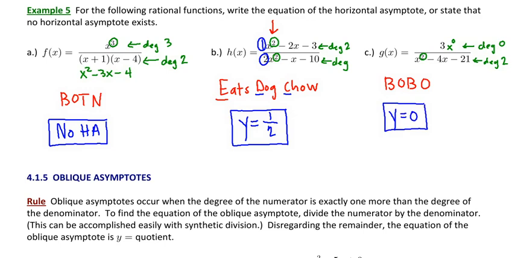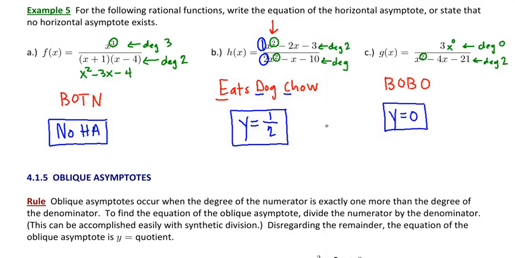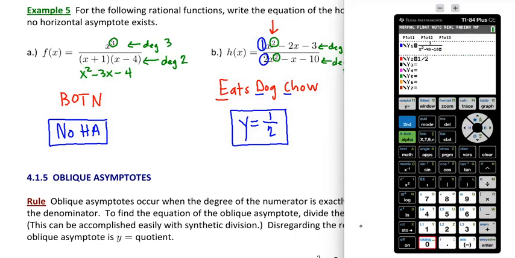So let's take a look at the graph and see how the asymptote fits the curve. So we have y equals, I'm going to type in a new fraction. We had 3 on the top, x squared minus 4x minus 10. Oh, minus 21. Let me fix that. Minus 21.